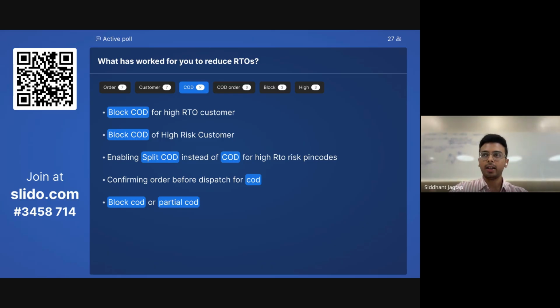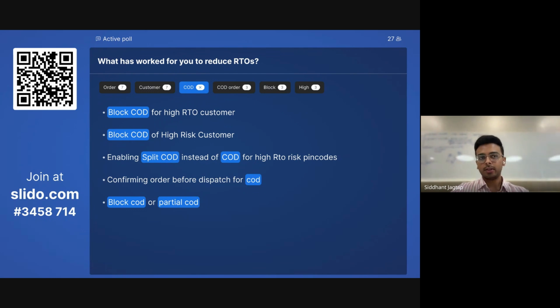But that comes to the next part of the question. I feel there are two parts to the RTO problem. One is, can I solve RTO before the order is placed? That's where the pre-purchase part comes into the picture. And can I also solve the RTO problem after an order is placed? That is the post-purchase part of the funnel, and that's one of the themes of this webinar also. Shopflo is a pre-purchase player, trying to solve all the problems for a D2C brand before order placement.